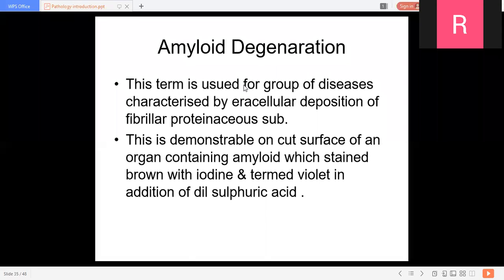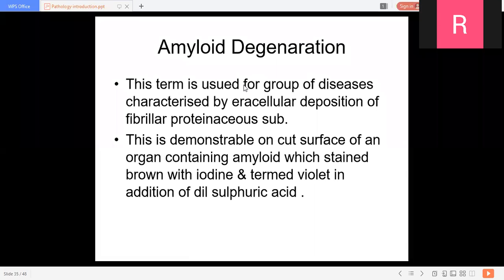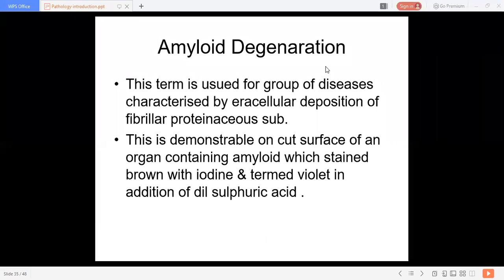What are the changes that occur in the liver? What are the causes of fatty degeneration?